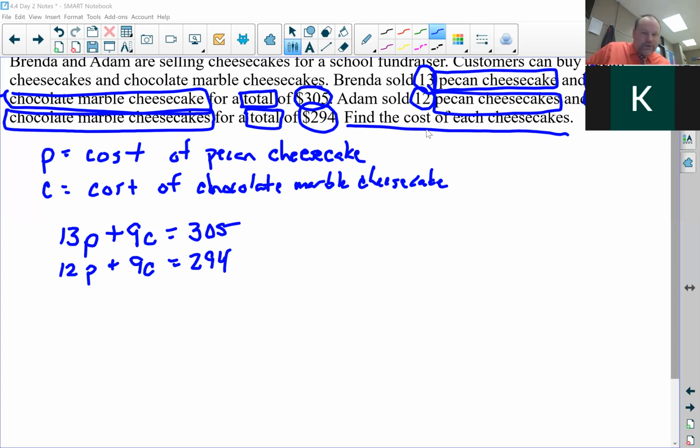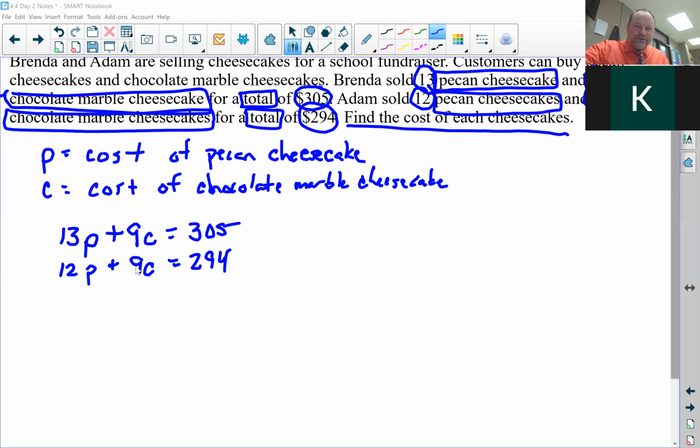So the next thing I want to look at is which variable should I eliminate? Do I have variables that have exactly opposite coefficients? In this case, I don't. Do I have variables that are exactly the same? Look at that. I have 9C and 9C.